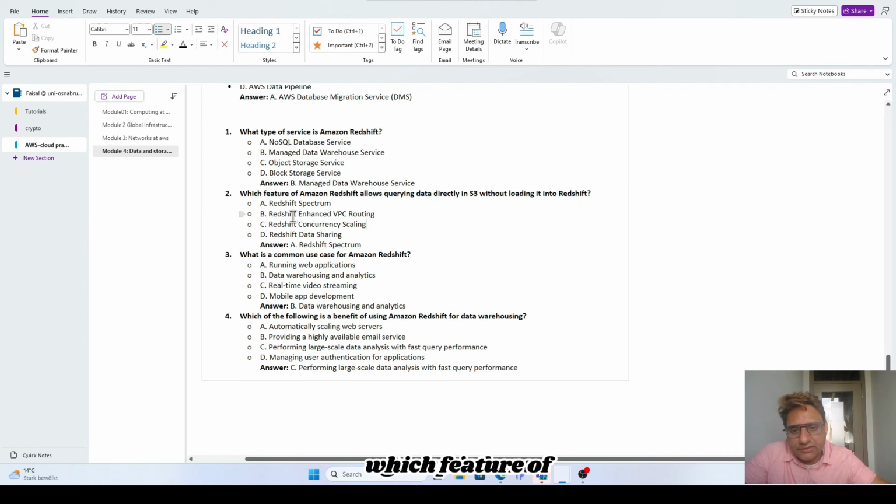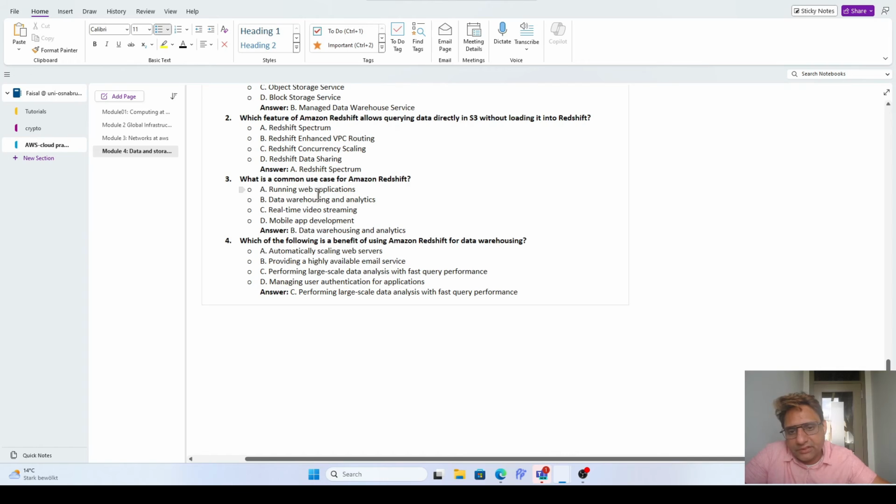which feature of Amazon Redshift allows querying data directly in S3 without loading it into Redshift? Spectrum. So the common use case is data warehousing and analytics. So yeah, large-scale datasets with query performance where you have petabytes of data and it takes hours to query all the data.